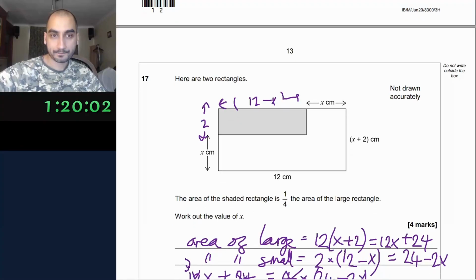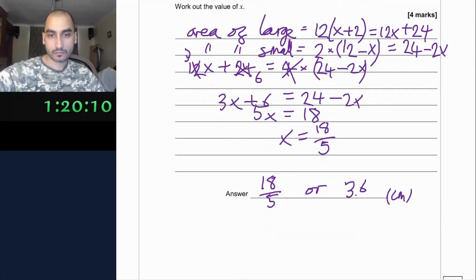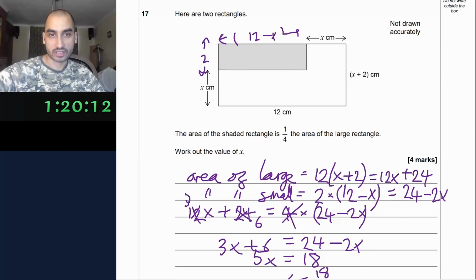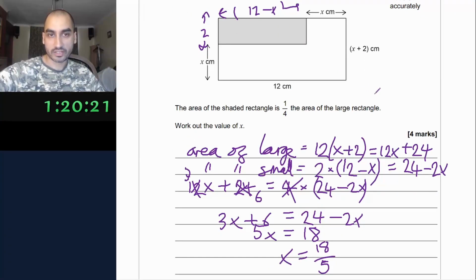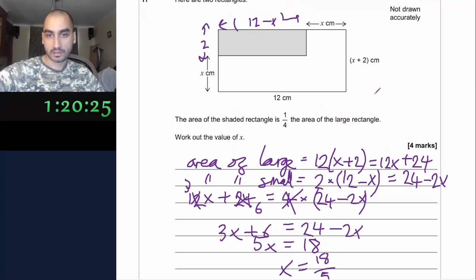Ten minutes left. Here are 2 rectangles. Yeah, let's check this. So that's 2, that's 12 minus x. So area of large equals 12x plus 2, so 12x plus 24.